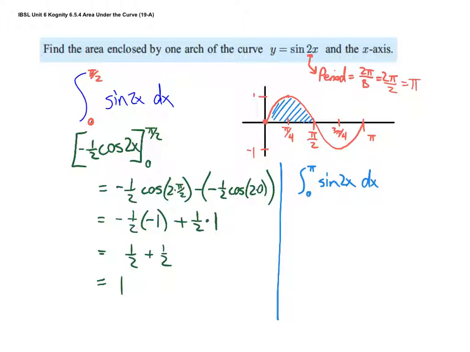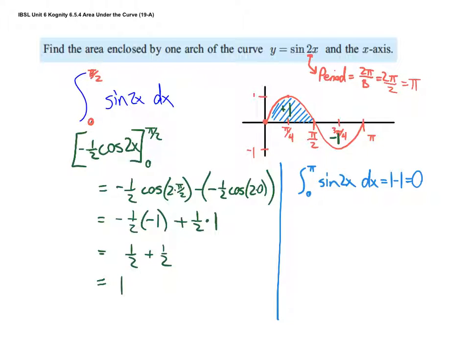Zero. Okay? It would be 0 because if the top was a plus 1, the bottom's going to be a minus 1, right? So that's going to be 1 minus 1, which is 0.